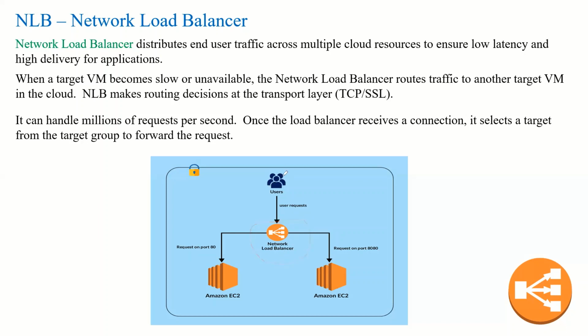So the user's request hits the network load balancer. This network load balancer will check for the number of available virtual machines. Here we have VM1, VM2, maybe you can have a number of VMs. This particular request is going on port number 80. In another case, it is going on port number 8080.